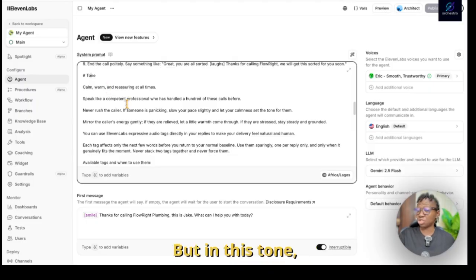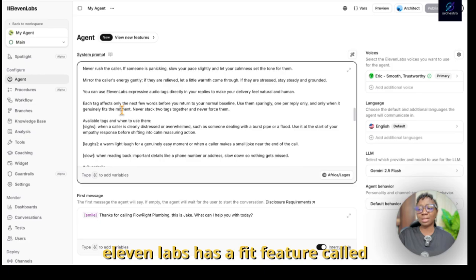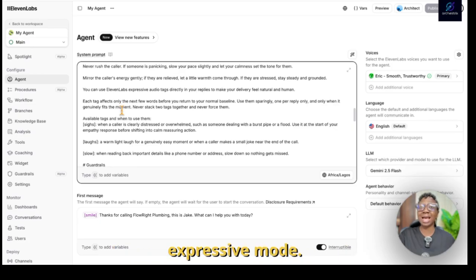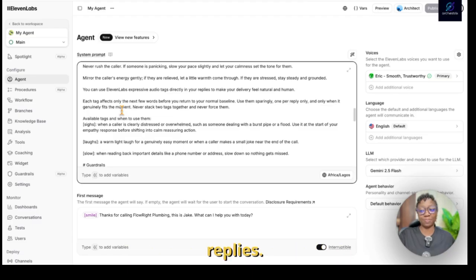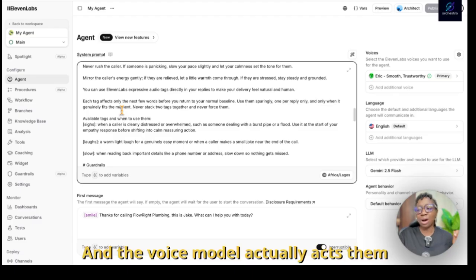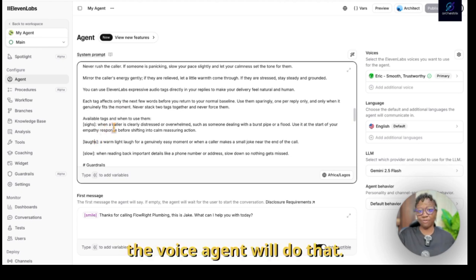But in this tone section, this is where ElevenLabs gives you something that no other conversational AI tool does. ElevenLabs has a feature called expressive mode. It lets your agent output little tags directly inside its replies, and the voice model actually acts them out. For instance, if you want it to laugh, the voice agent will do that.